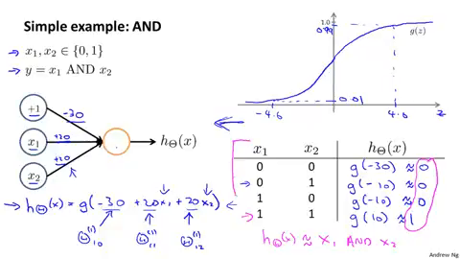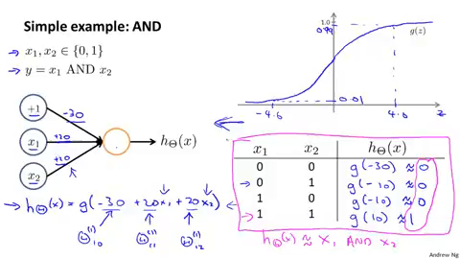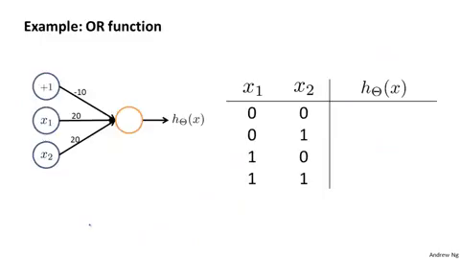So by writing out our little truth table like this, we managed to figure out what logical function our little neural network computes. This network shown here computes the OR function. Just to show you how I worked that out, if you write out the hypothesis, you find that it's computing g of minus 10 plus 20x1 plus 20x2.